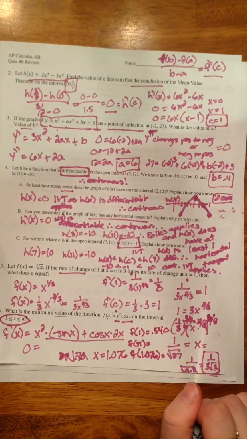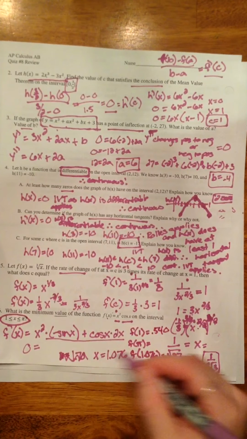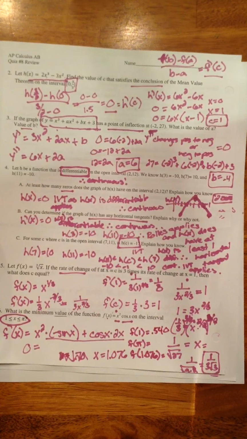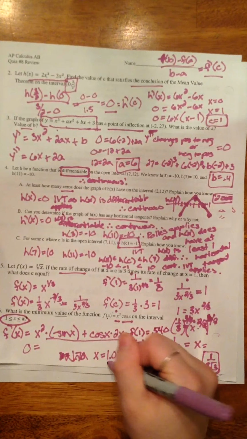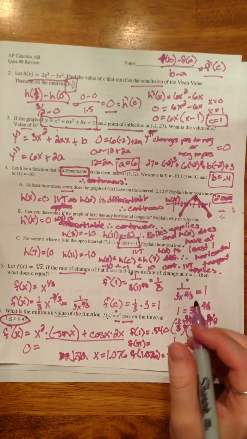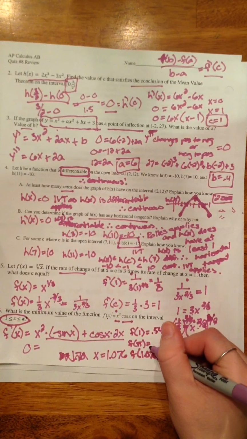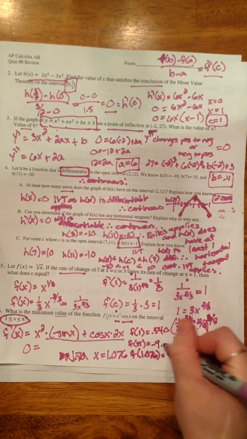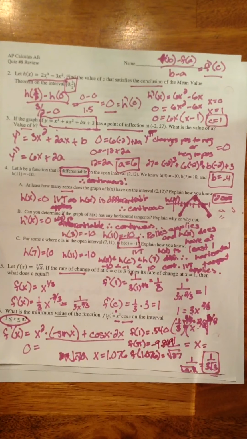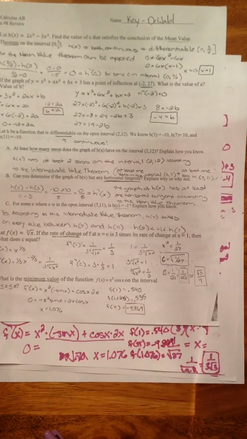Oh, that's weird. I have over here 1.076, and on their thing I have 1.165. So let me check and see if this value is actually right, or if it should be 1.165. Anyway, f of pi should be negative 9.869. And this is what I'm debating. You can see right here, I have something different.